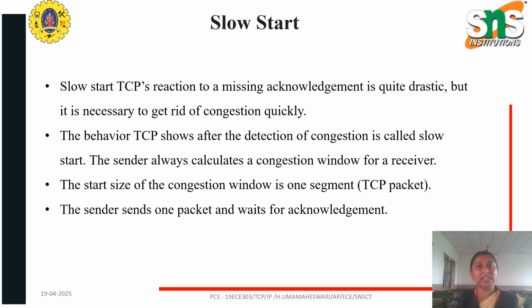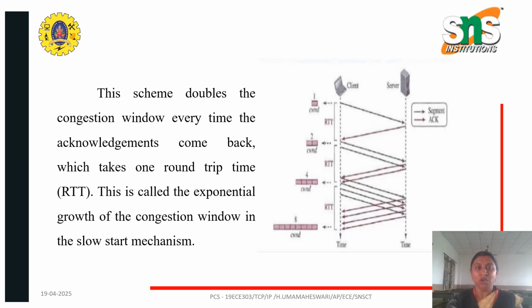The start size of the congestion window is one segment. The sender sends one packet and waits for the acknowledgement. This is the flow of slow start. This scheme doubles the congestion window every time the acknowledgement comes back.